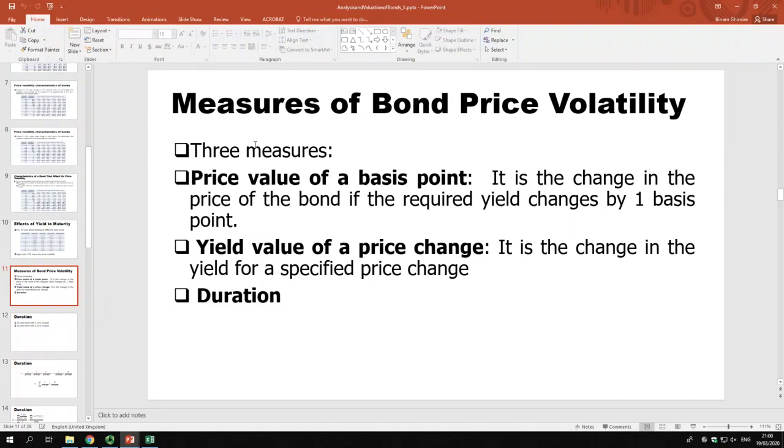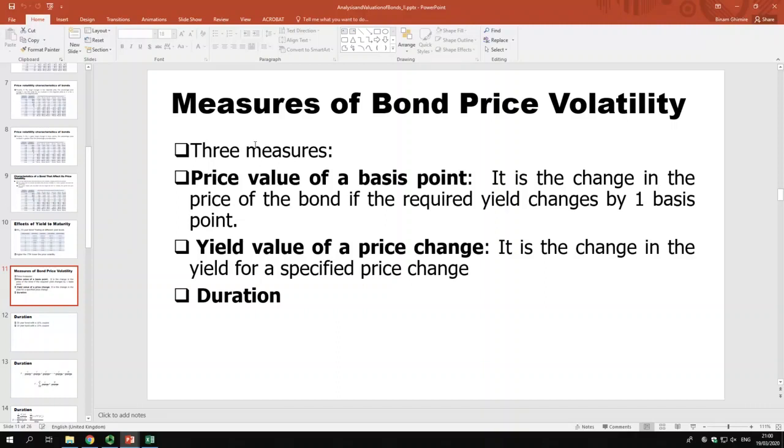First one is price value of a basis point, and it simply is the dollar or pound value of the change in the price of the bond. If the required yield changes by 1 basis point, then by how much does the dollar value or pound value of the bond change?